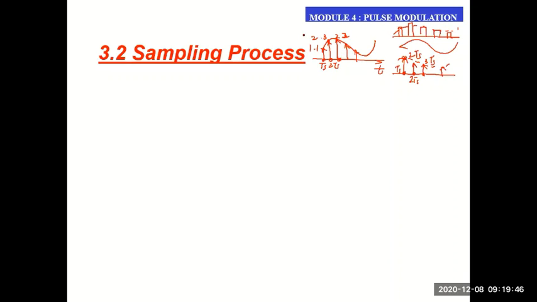Okay. So we can take samples either using impulses like this. When I multiply a given analog signal with a periodic impulse train, I'll get samples with impulses like this. Or I can use a periodic pulse train instead of impulses. Remember, the impulse train is the ideal case.